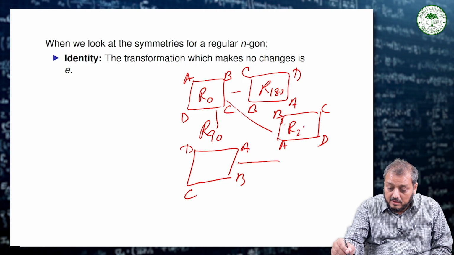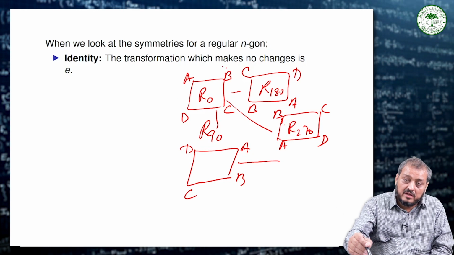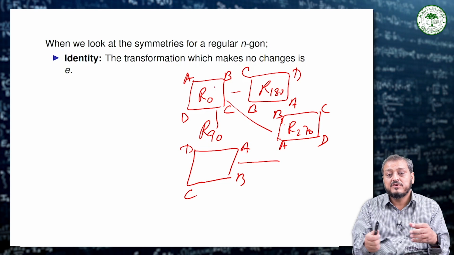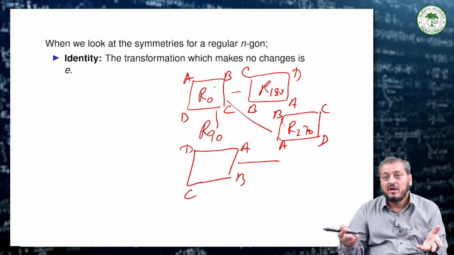So we can simply say that if we rotate the square by 0 degrees, it is the transformation making no changes, the identity.